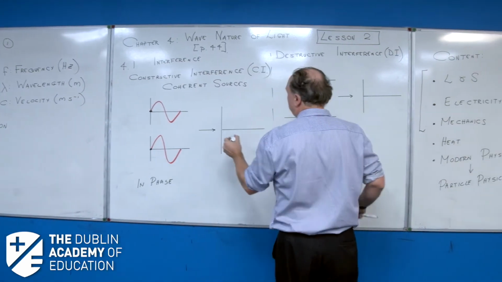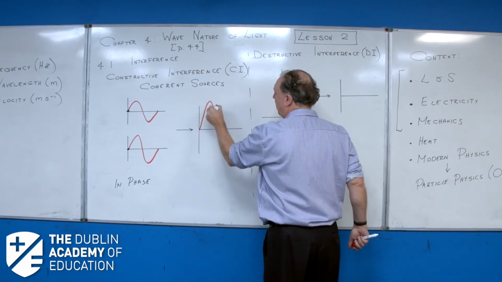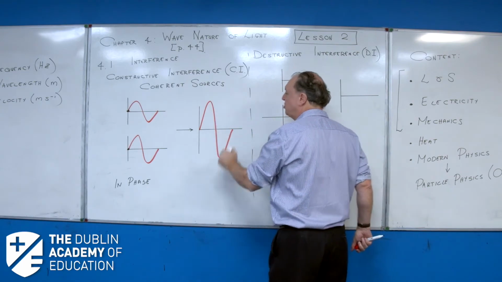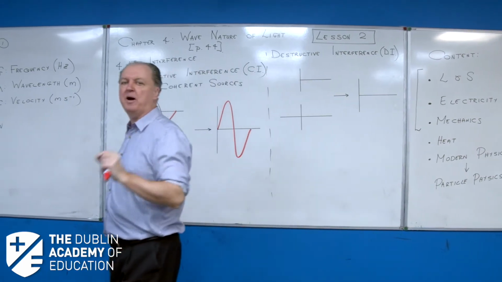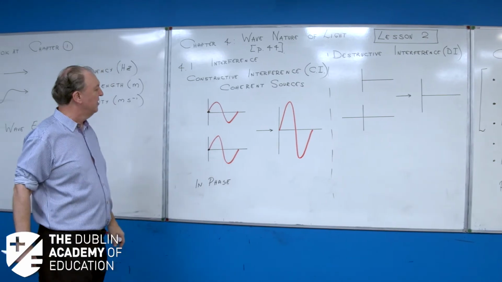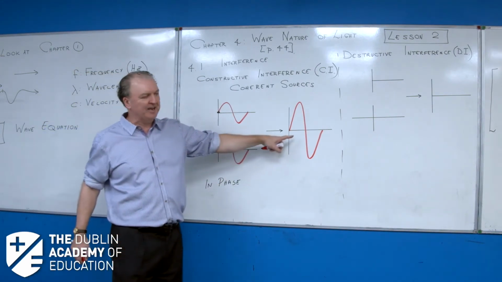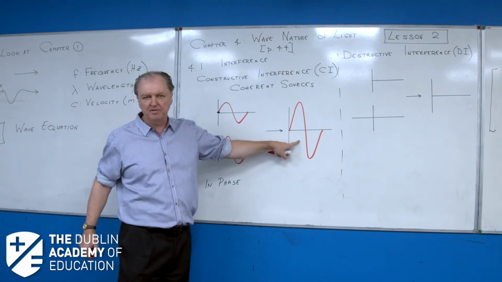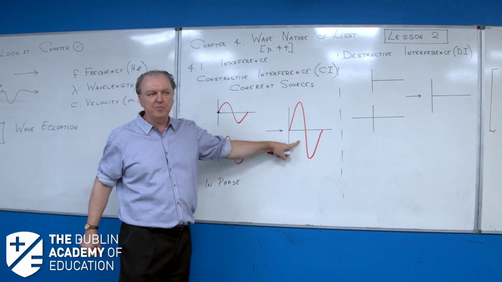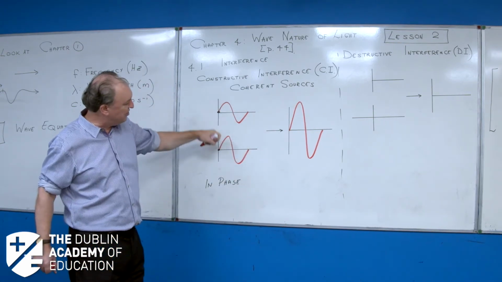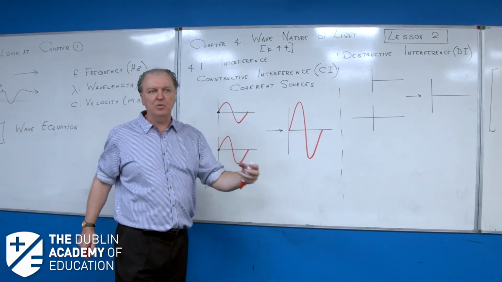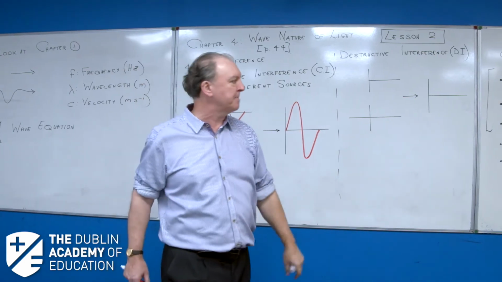So I'll end up getting a wave that's much higher, and I'll also get a much deeper trough. The low part of the wave is called the trough. So when these two waves come together in phase, you end up getting a much stronger signal. So if you're receiving two radio stations in two different ways, if the waves come together in a good way, you will get a nice strong signal.